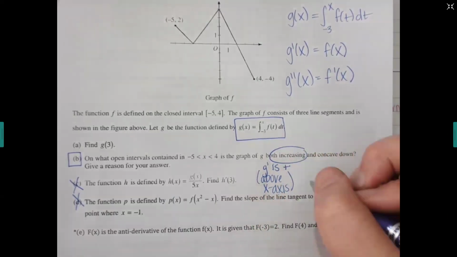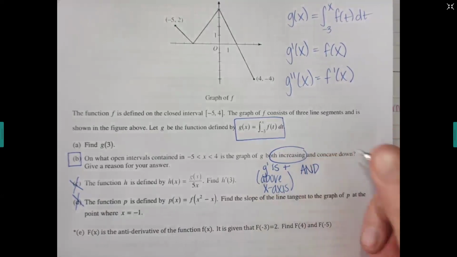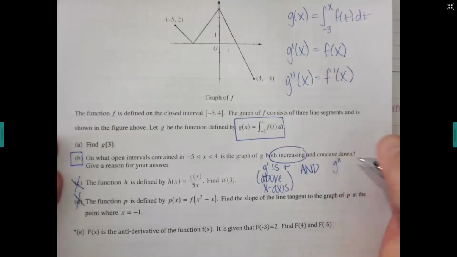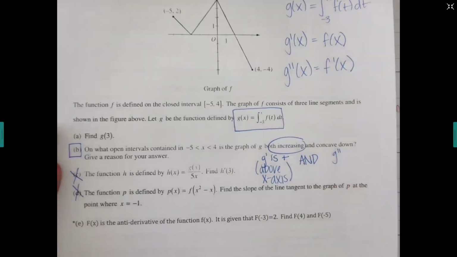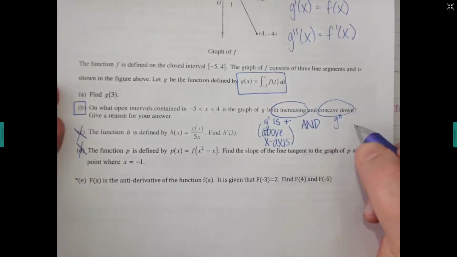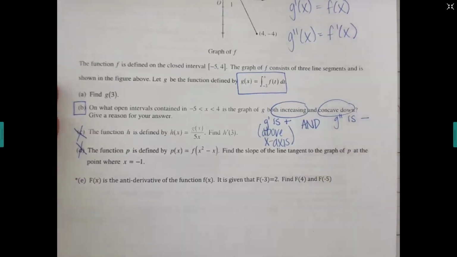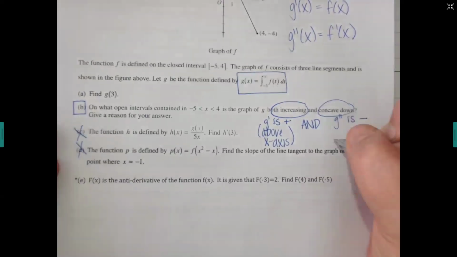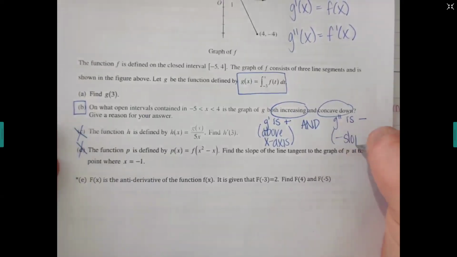Okay, then it says, and I need to be concave down. Do I care about G, G prime, or G double prime? G double prime. And if I want concave down, I need G double prime to be what? Negative, which means what am I looking for on this graph? A negative slope. Very good.